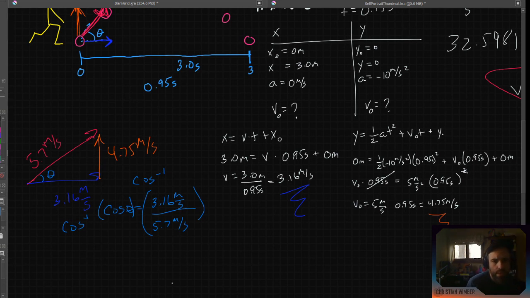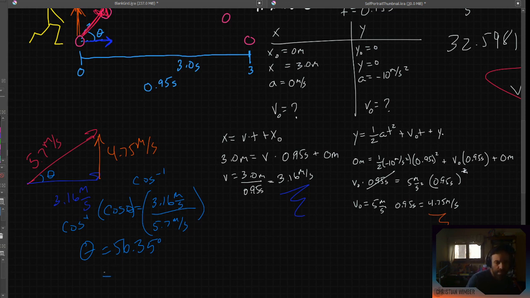So 3.16 divided by 5.7, and then inverse cosine gives me 56.35. If you didn't get that, make sure you're in degrees mode. But I would say this seems about a 56.35 degree angle. I think that's pretty reasonable.